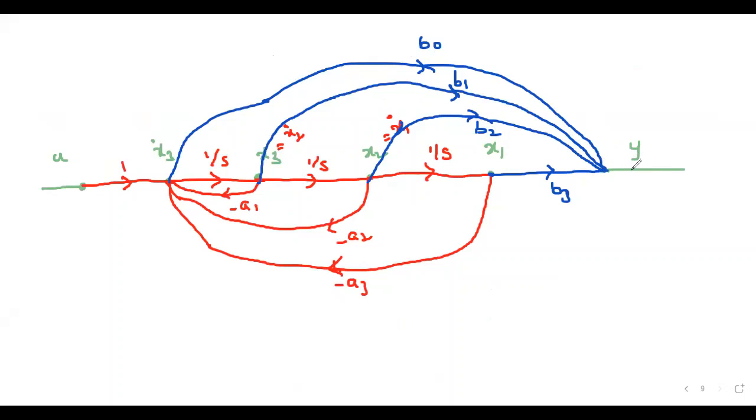So this is completely done. This is the state diagram of the controllable canonical form for the transfer function when it has both numerator and denominator.